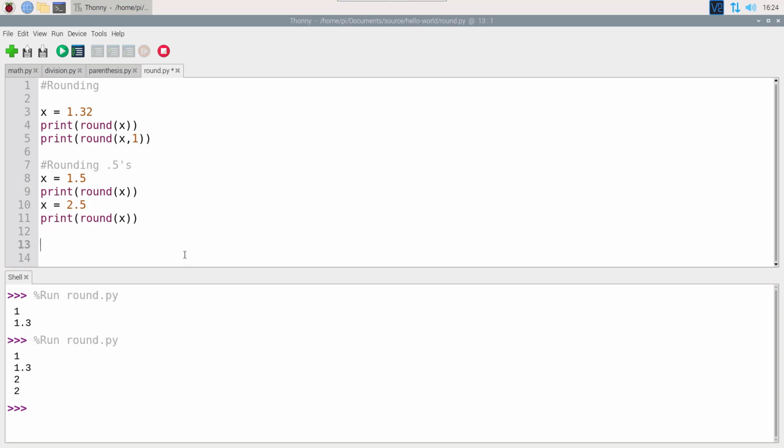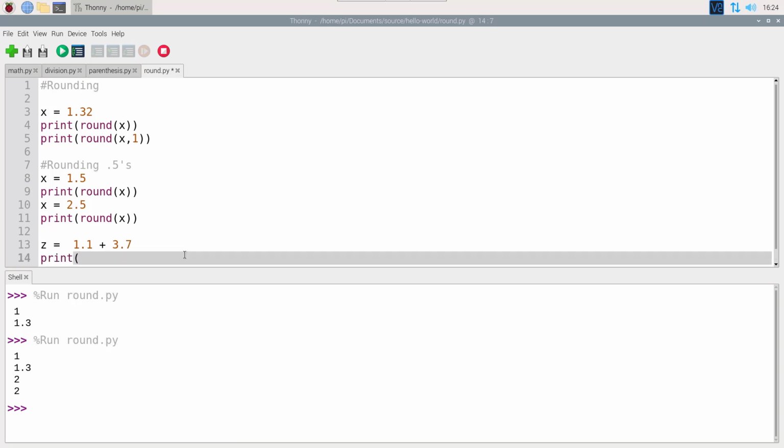And the example that I gave earlier where I had z equals 1.1 plus 3.7, I should expect to get back 4.8. However, because of the rounding in binary, not using the round function, it's just doing that rounding issue that I have when I do a conversion of decimals into floating point in binary, I get some rounding issues.